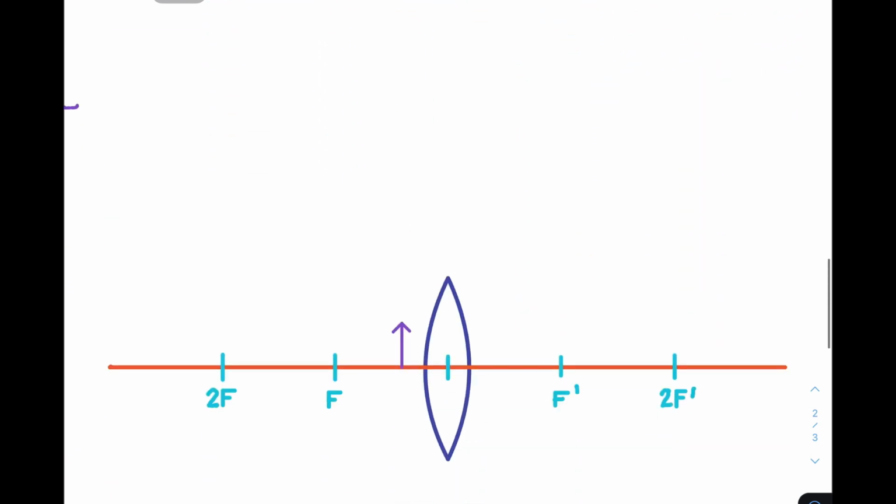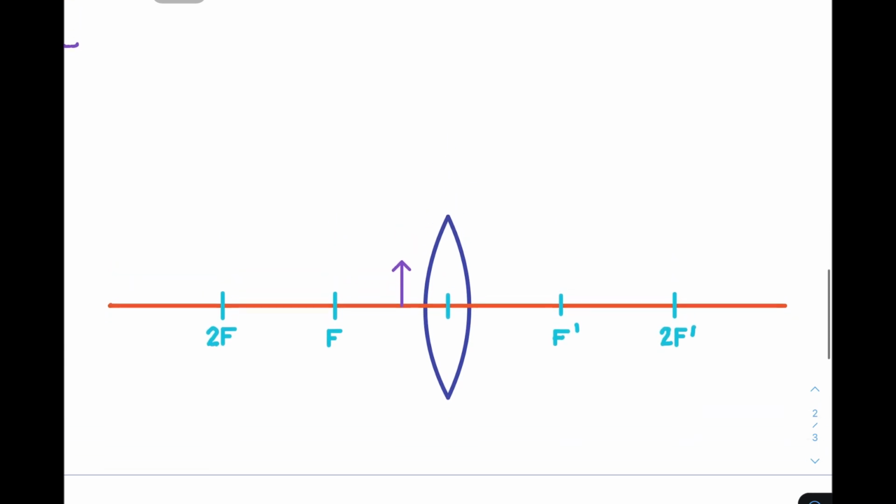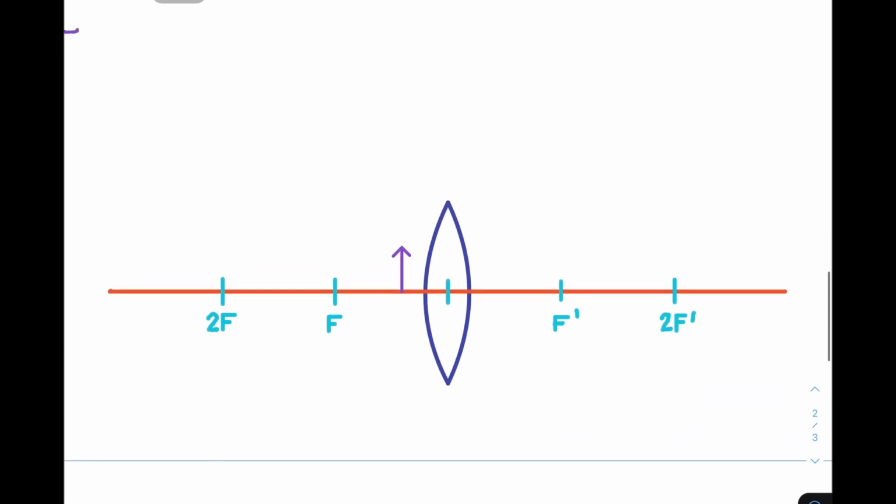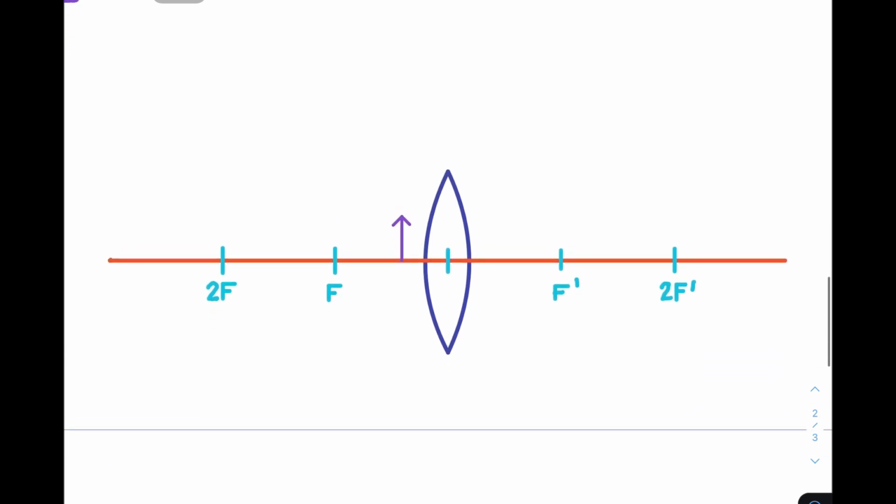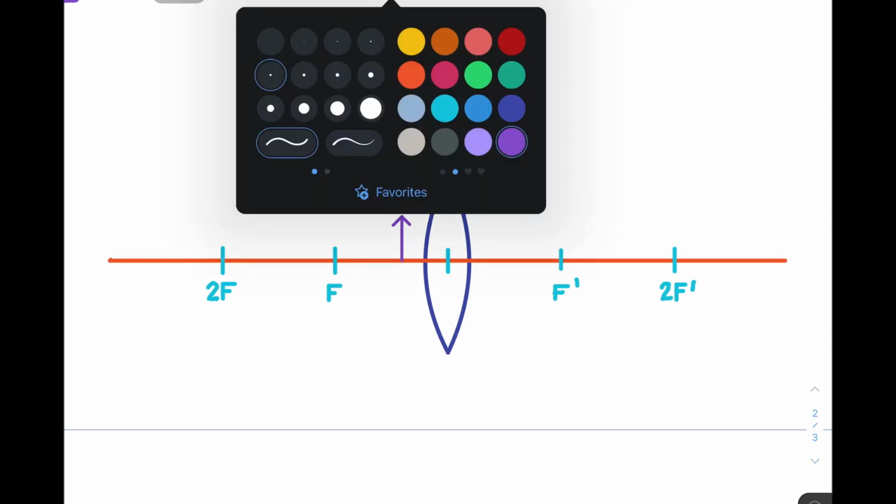Next, let's have our third and last example. What if we place the object exactly between the optical center of the lens and the focus of the lens, just like in the illustration? Let us try to predict that.